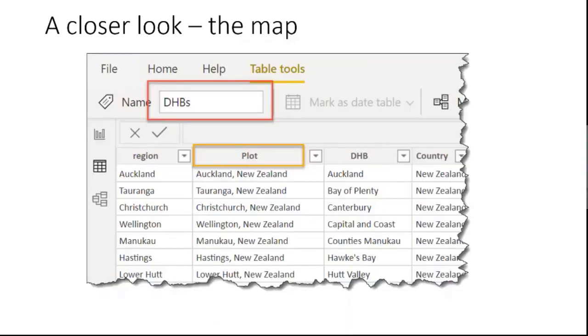The next one I wanted to have a closer look at was the DHBs. So I went and had a look at all the websites of the different district health boards and figured out where their headquarters were.